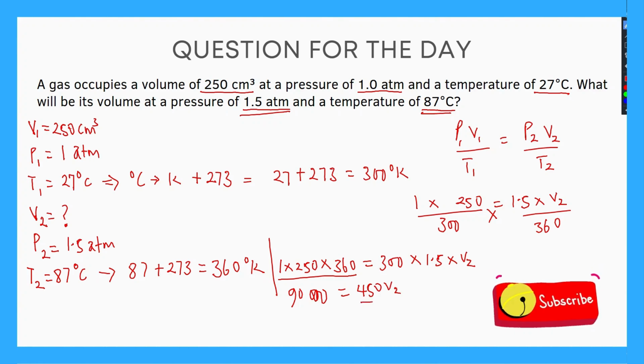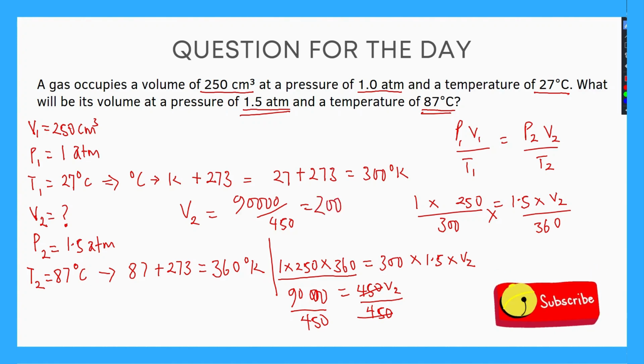So we simply divide both sides by the coefficient of V2, which is 450. This cancels this. So V2 now is equal to 90,000 divided by 450. When we say 90,000 divided by 450, it gives us 200.